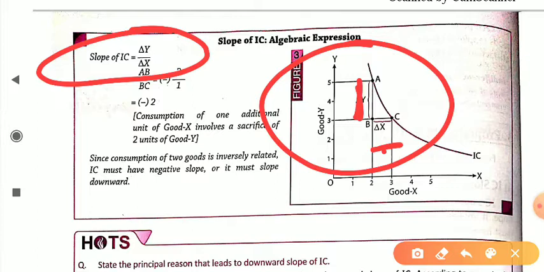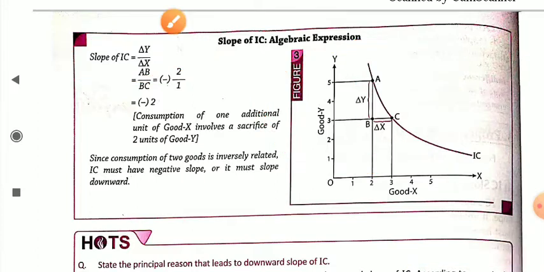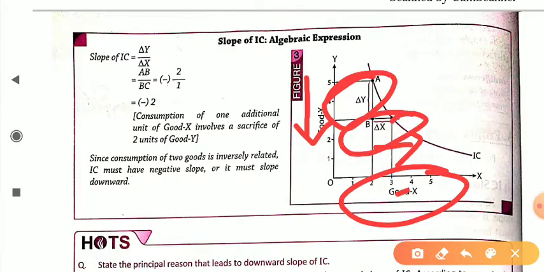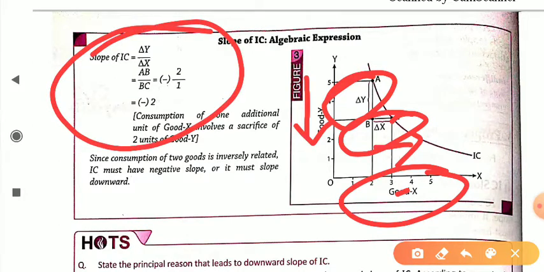If you want to increase the consumption of good x from 2 units to 3 units, you have to sacrifice a few units of good y. In good y the consumer has to sacrifice 2 units, switching from 5 to 3. So this represents the change in good y, and delta x represents the change in good x. By this, the slope of the indifference curve is delta y upon delta x.